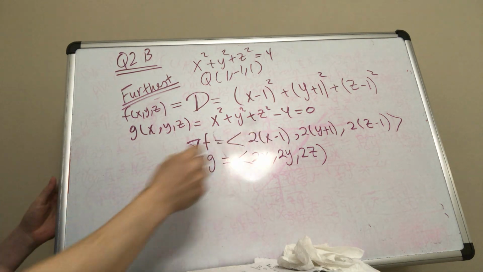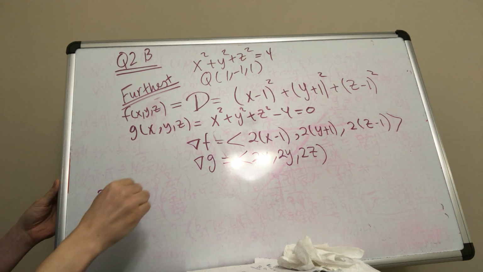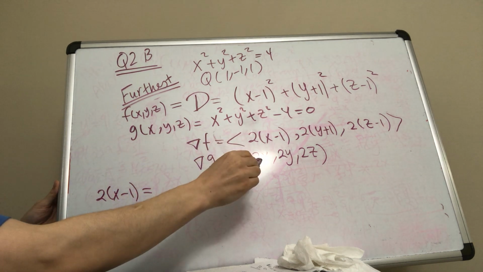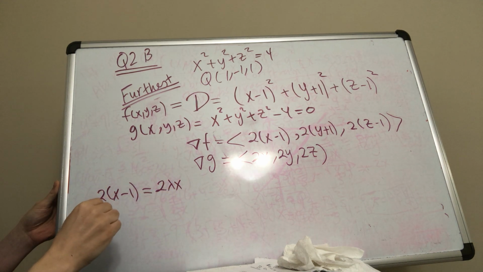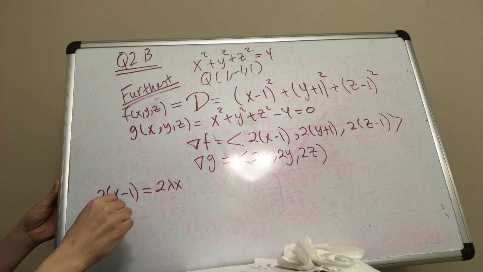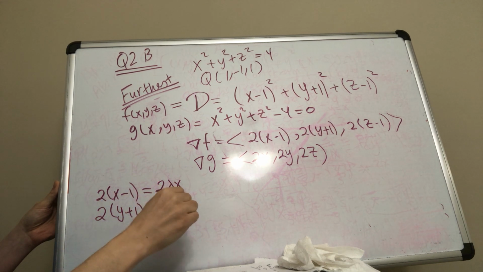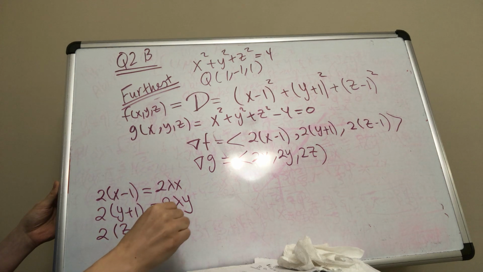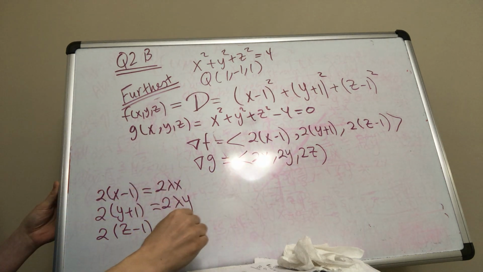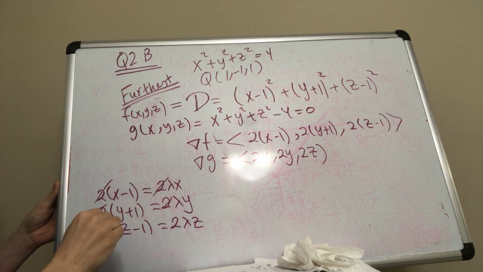You take the first one, 2x minus 1, and make it equal 2x times lambda. You take the second one, 2y plus 1, and make it equal 2y lambda. And you take 2z minus 1, and make it equal 2z lambda. You'll see you can cancel the 2.